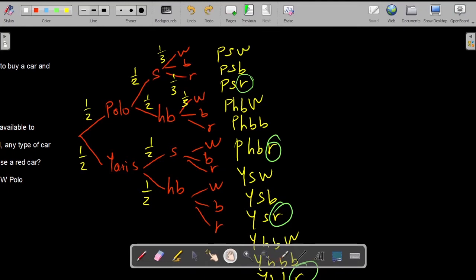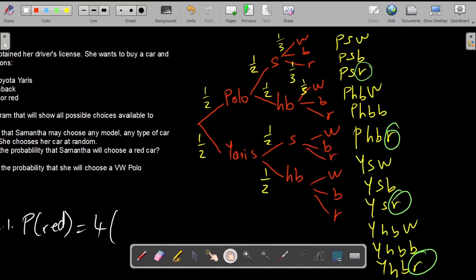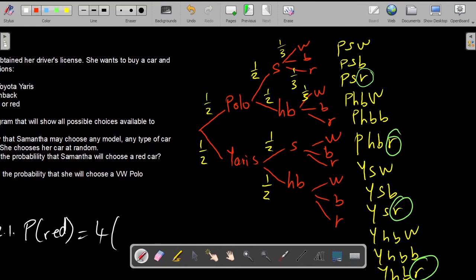So to write our answer in compact form, we can just say we're going along the path. And remember that when you go along the path, you basically multiply the probabilities along the branch. And to show that with one branch, if it were a Polo sedan and it's red, then you basically multiply 1 over 2, 1 over 2, and 1 over 3.